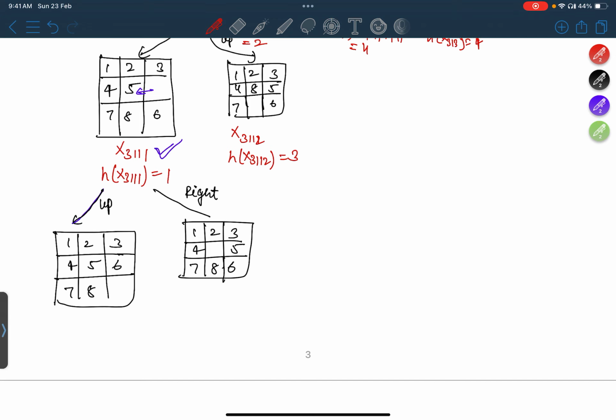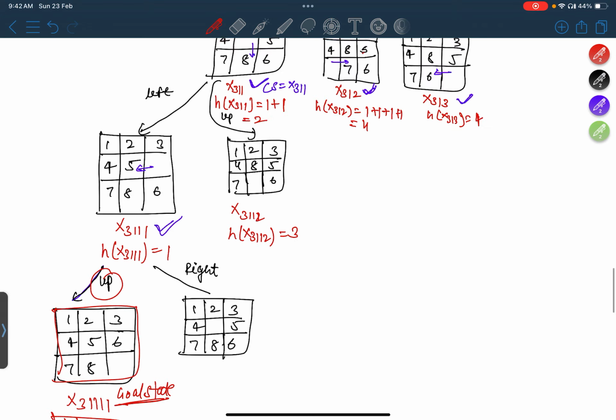And if you realize this key, now this h of x3 1 1 1 1 h of x 3 0. So this is the goal state, right? So we have found our solution.